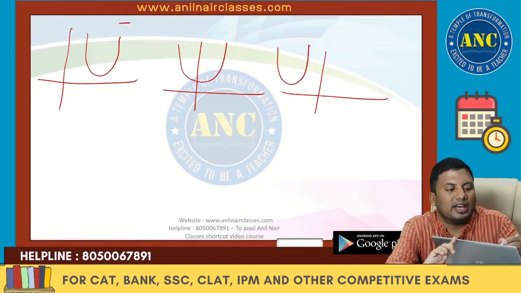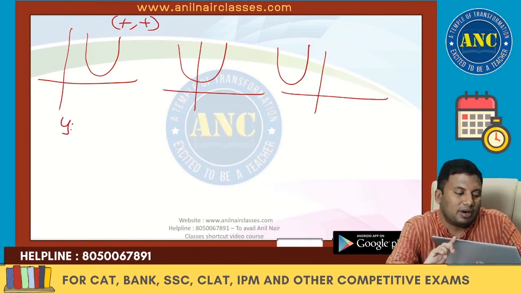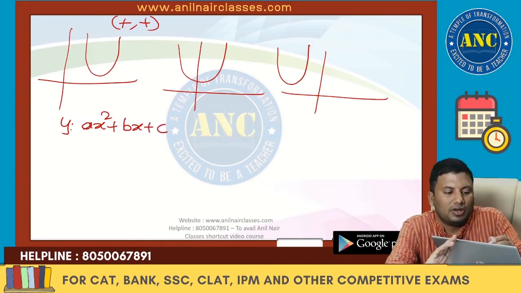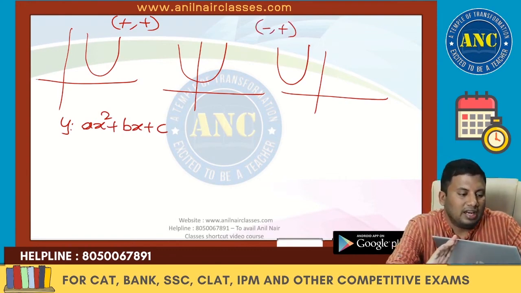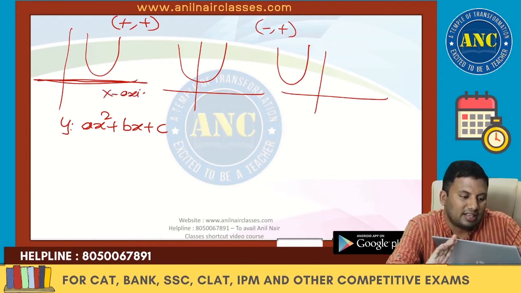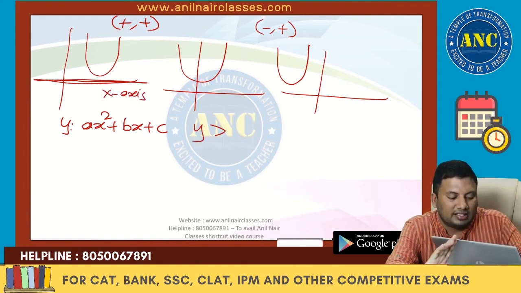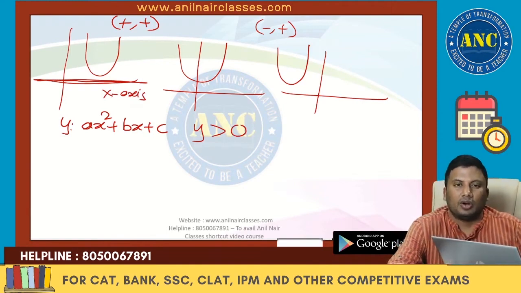In all these cases, x positive, y positive. Y is nothing but the graph, y is ax square plus bx plus c. Y is positive. Right here also, x negative, y positive. Anything above the x-axis, y is greater than 0.